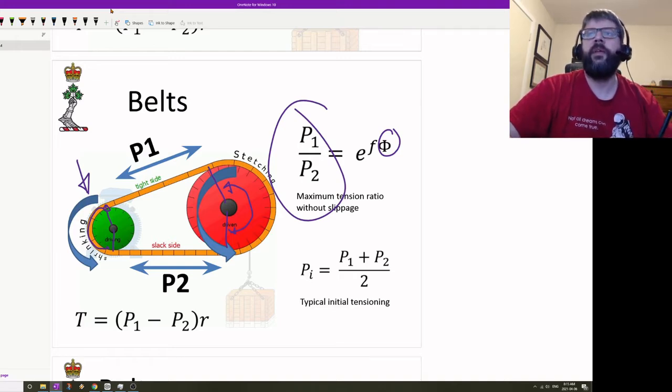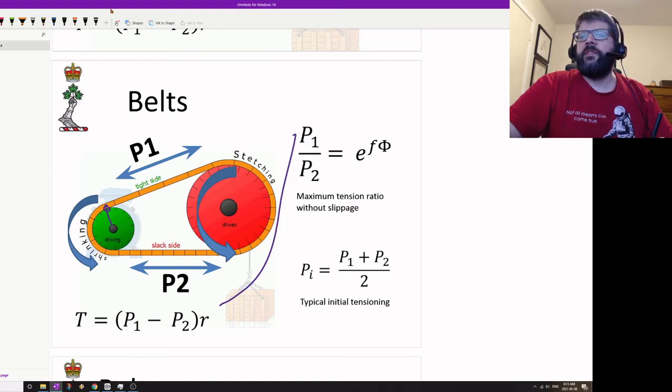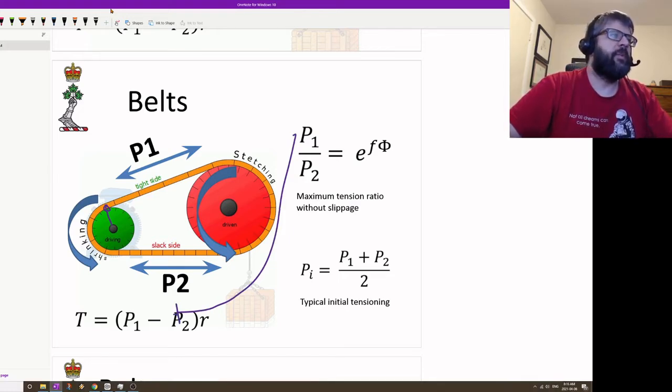So if any slipping is going to occur, it is likely to occur on the driving side rather than the driven side. And that results in a limit upon the maximum tension that we can get available.